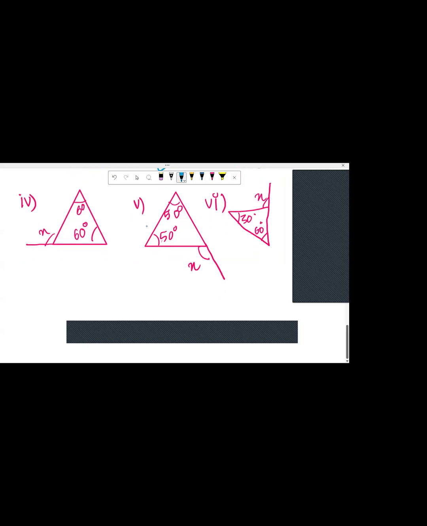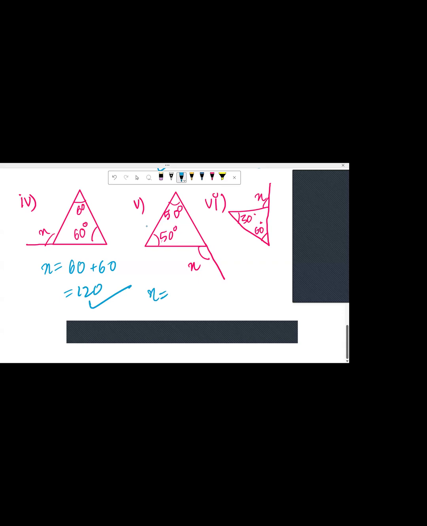First one is 120 degree. Okay, how come 120? Explain with reason. X equal to 60 plus 60, X equal to 120. Okay. So X is equal to 60 plus 60, which is equal to 120 degree. Correct?